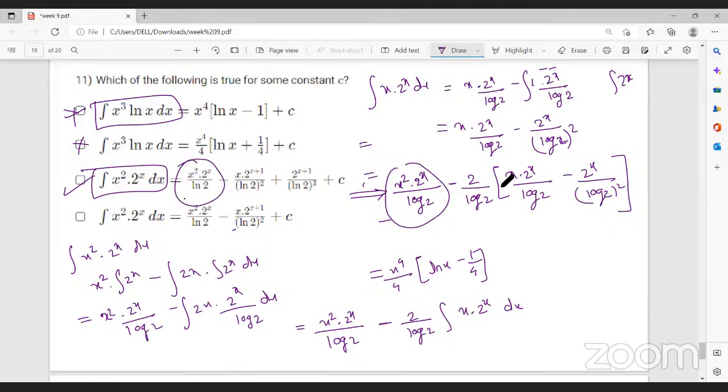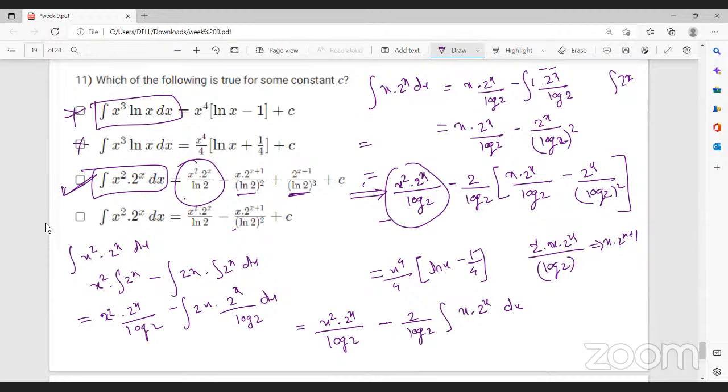Yes, sir. So what is the second term here? 2 into 2 to the power x upon log 2 square, right? Yes, sir. So what is 2 into 2 to the power 1, right? Again, same thing. We can multiply log 2 here, the log cube becomes log 2 and minus will become plus. Right? So this one is the correct one.